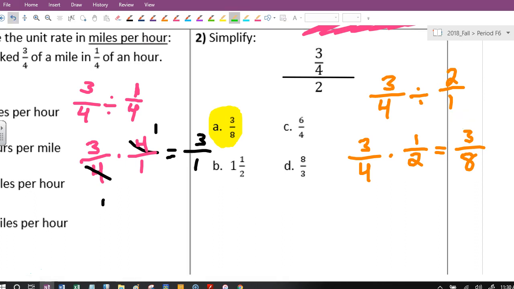So you want to really be careful. 1 1/2 would have been 6/4 reduced. What about 8/3? No, you just flip. That would have been upside down.